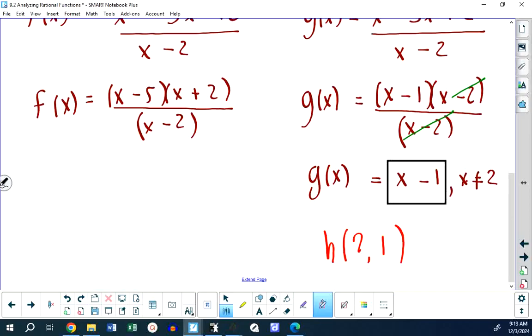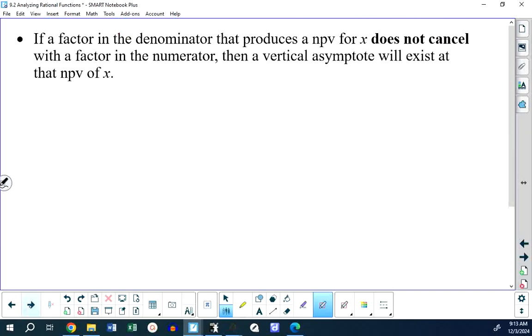Now, you're not allowed to use x equals 2, right? So you're putting in an x-coordinate that doesn't exist, and what you get out of it is the y-coordinate that doesn't exist. So to determine the coordinates of the hole, you use the non-permissible value anyway after you've simplified. So if I can get you to turn the page, we'll summarize this.